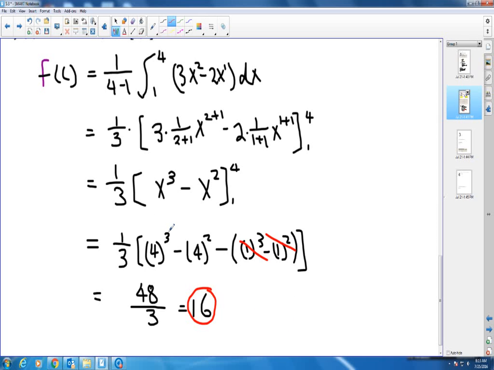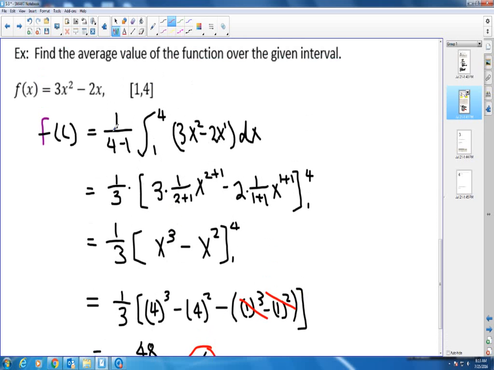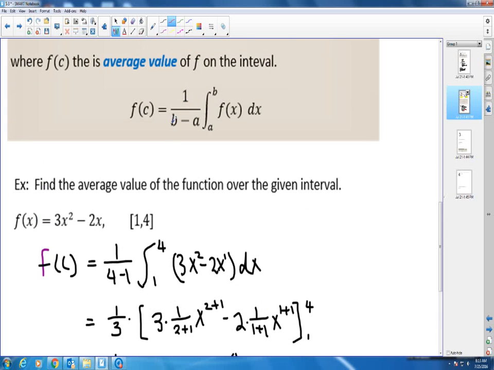If you look at this process, let's say I do not have this 1 over b minus a part. If I exclude this part, this part only is the area under the curve.